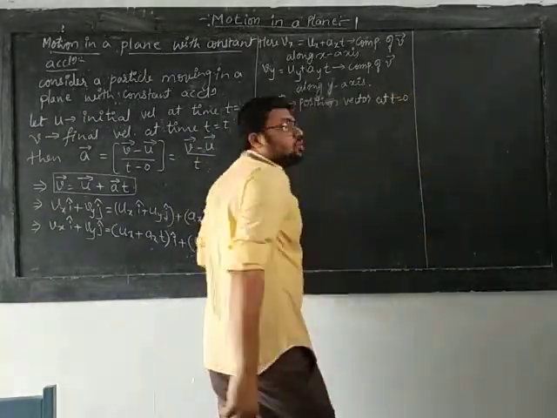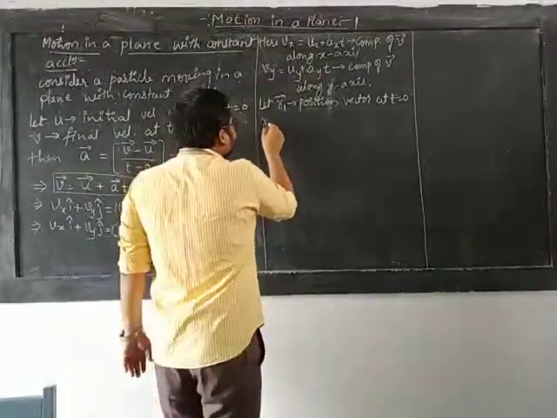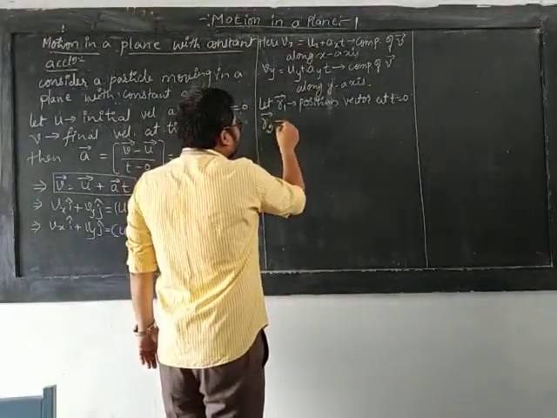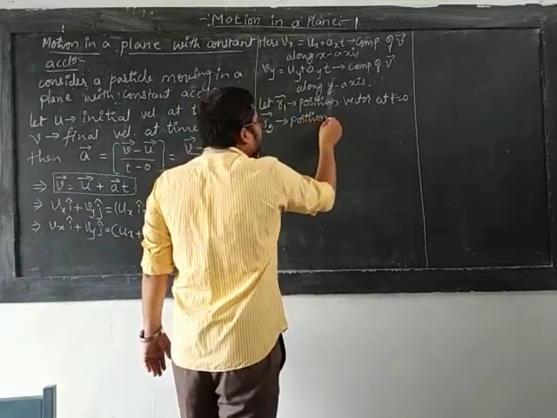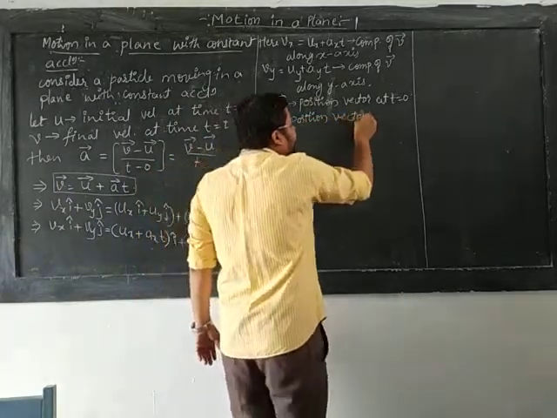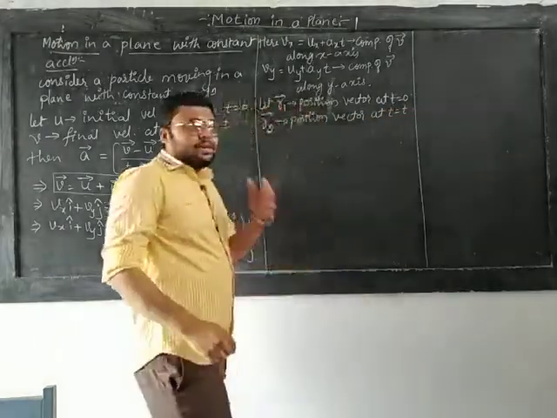Similarly, R2 vector is the position vector at time t equal to t.